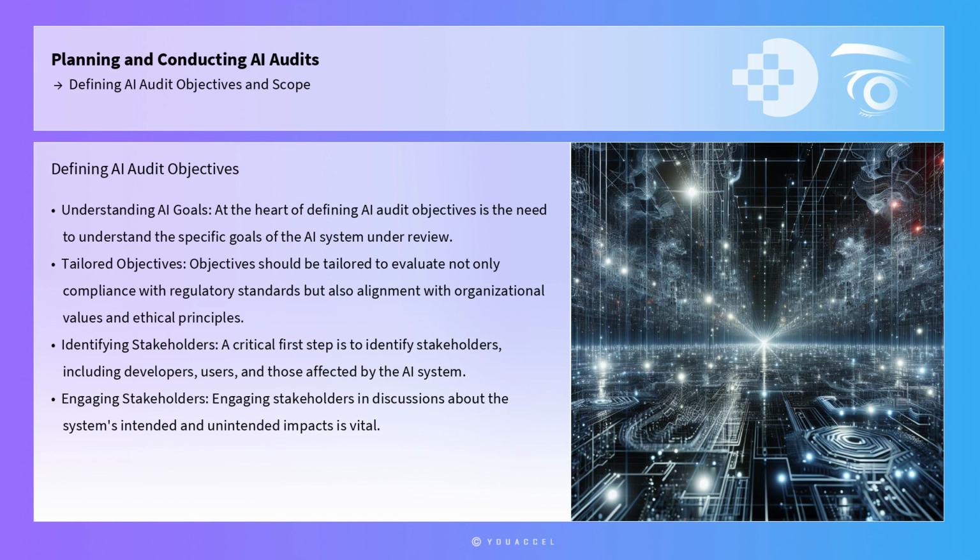Engaging stakeholders in discussions about the system's intended and unintended impacts is vital. This engagement helps in identifying key areas of concern, which can then be translated into audit objectives. For instance, if an AI system is used in hiring, objectives might include evaluating bias in algorithms and ensuring fairness and transparency in decision-making processes.